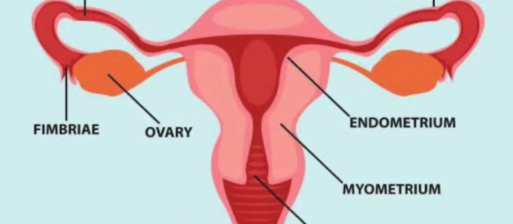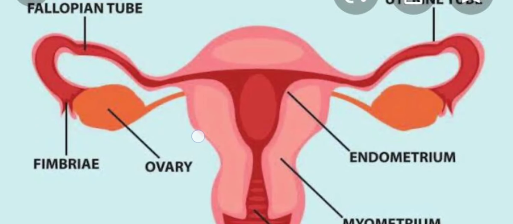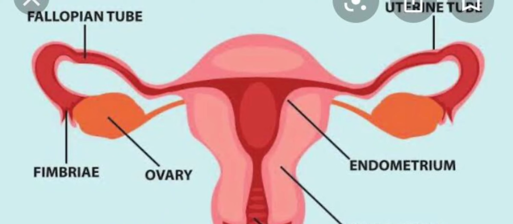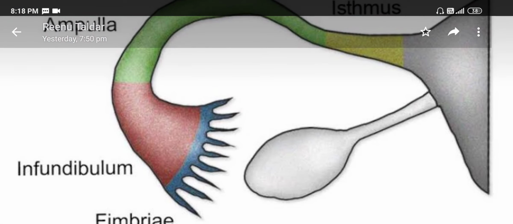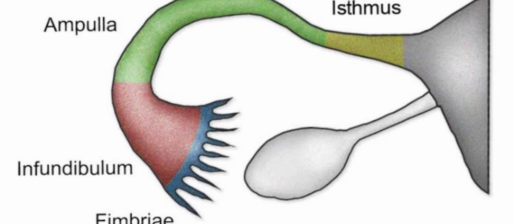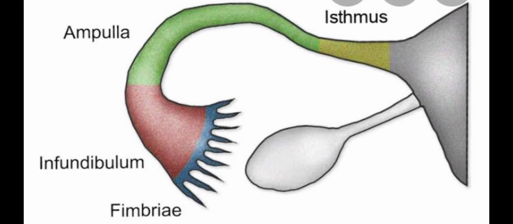Now, let us see the next part, that is the fallopian tube. The fallopian tube is a 10 to 12 centimeter long tube, and its main function is to carry the ovum to the uterus. When the ovum is released after ovulation, the fallopian tube carries it towards the uterus.